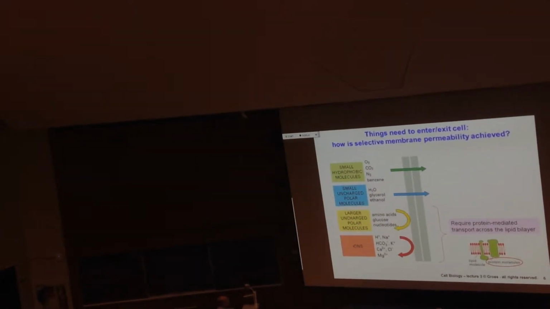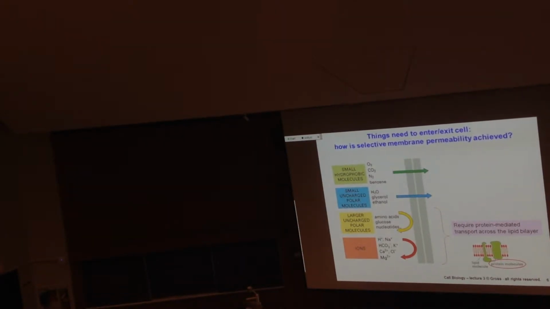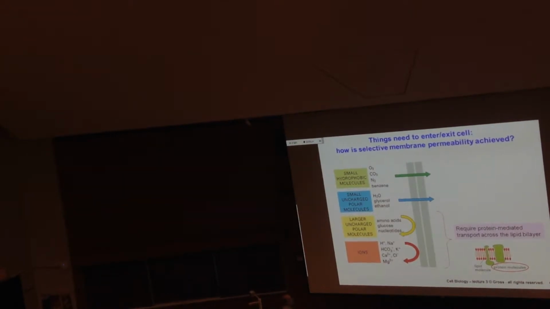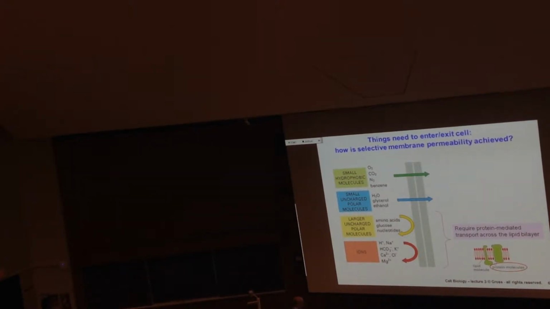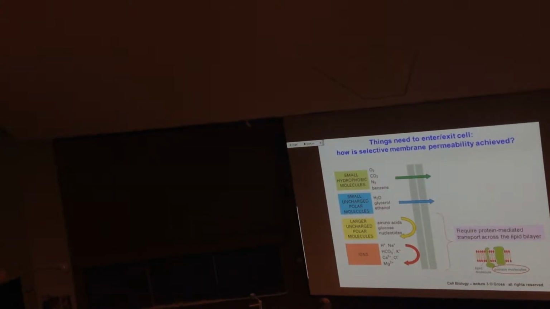Okay, so that brings us to things going through the cell. And the key point is that to get things into the membrane or through the membrane that are large polar molecules or ions, you need active transport, and we're going to talk about how that happens. But basically the idea is that in order for things to get transported through, you need to create an interior space in the membrane which doesn't look hydrophobic.